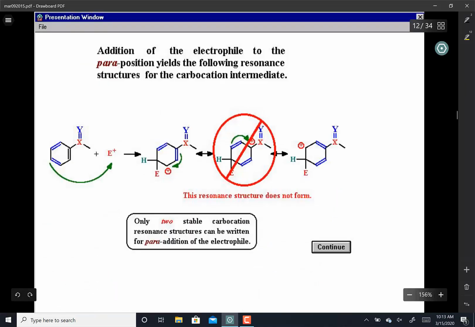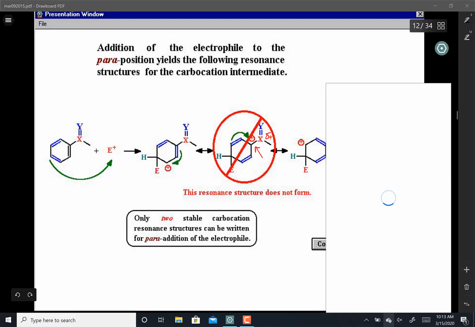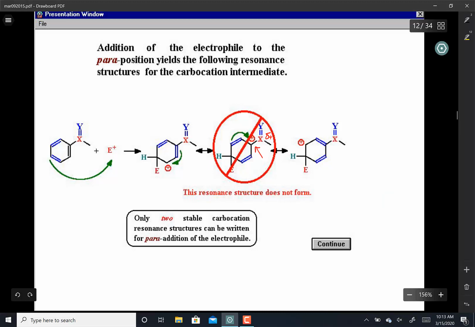Let's just complete this out. If you added the electrophile to the para position, eventually the positive charge is going to end up next to the delta positive charge of the carbonyl group or whatever X double bond Y group you're using. And so therefore, that resonance structure will not be stable, so I'm back down to 2. So it's exactly this yin and yang of organic chemistry. Putting the plus charge next to an activating group or a halogen that has a lone pair forms an additional resonance structure.